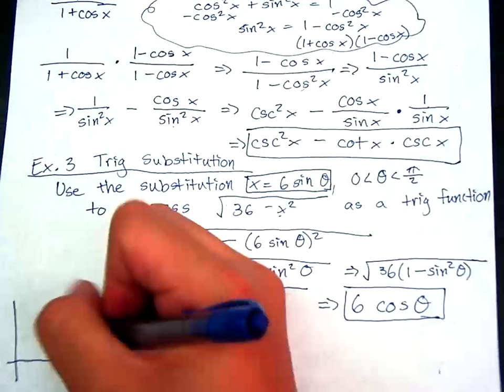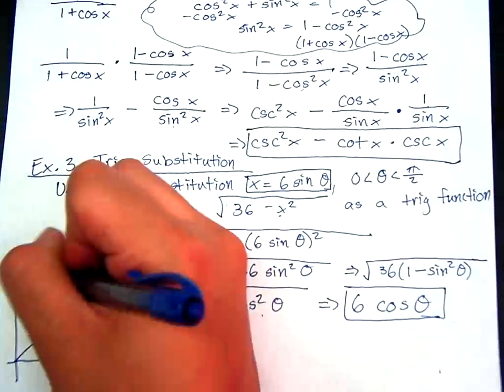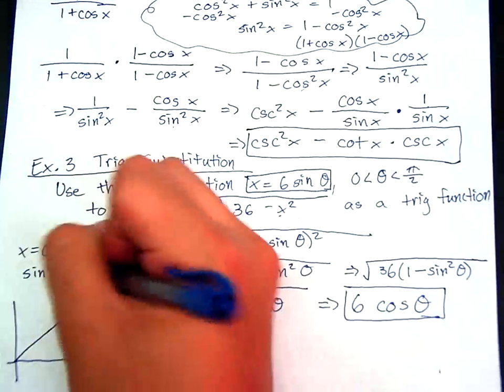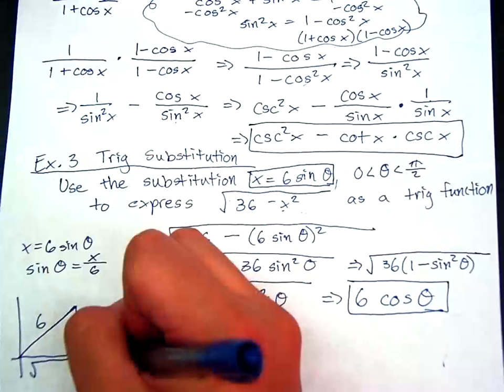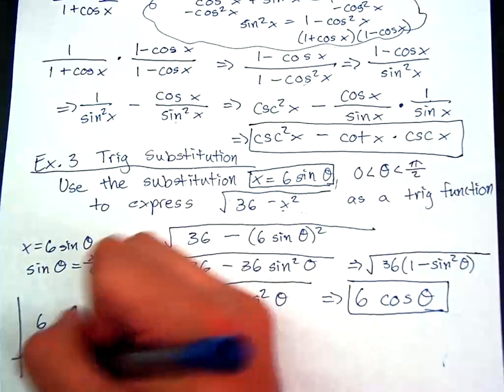So here, x equals 6 sine theta, which means that sine theta was equal to x over 6. So x is my opposite, and 6 is my hypotenuse. Which means that third side, using the Pythagorean theorem, has to be square root of 36 minus x squared.